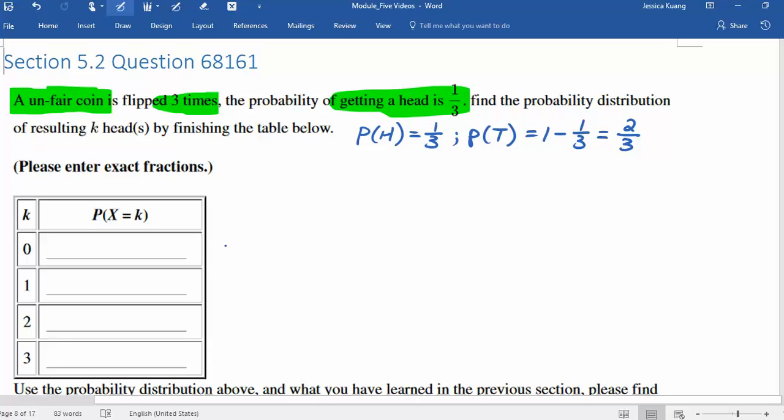So the probability of getting 0 head is equivalent to getting tails all 3 times, and that will be 2/3 times 2/3 times 2/3. Every time you toss a coin, that is an independent trial. And my answer will be 8/27.